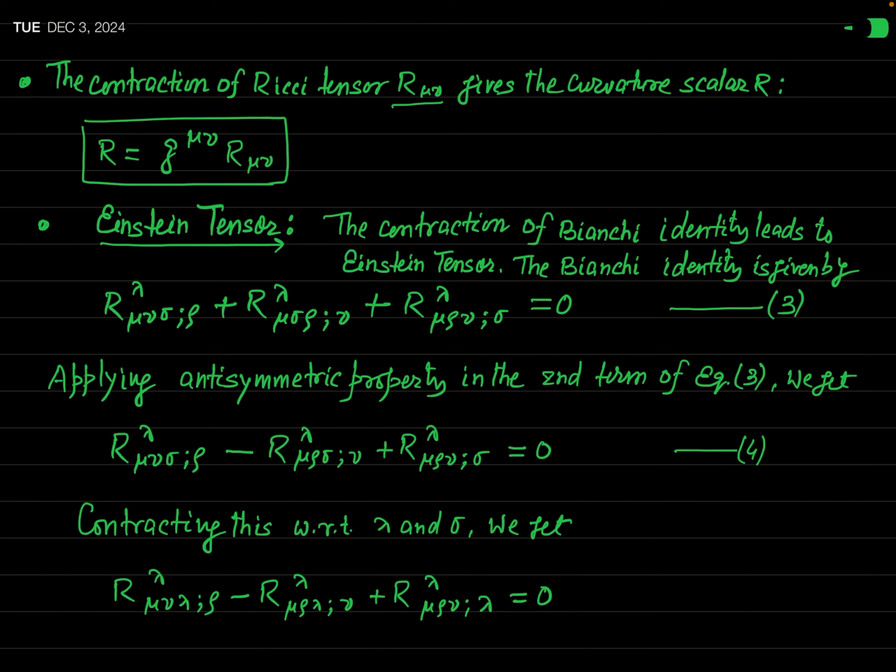It means if you contract this Ricci tensor further, then after the contraction of the Ricci tensor, we get simply a scalar or an invariant which is called the curvature scalar, and it is denoted by R. So this curvature scalar R is defined as the contracted value of this Ricci tensor R mu nu, and for it you have to take the inner product of this R mu nu with this fundamental tensor g superscript mu nu.